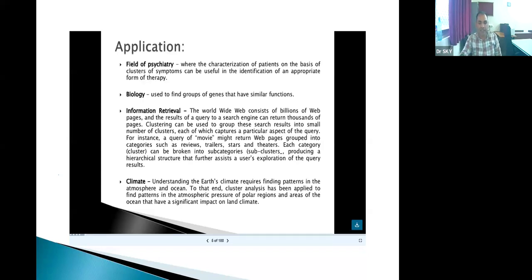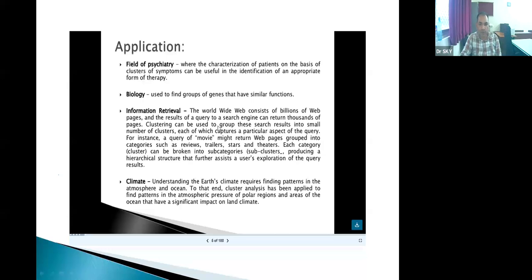And in information retrieval, obviously, the World Wide Web consists of billions of web pages, and on the basis of what we search, the similar results are grouped together, so that it is very easy for us to find the very close information on the web.